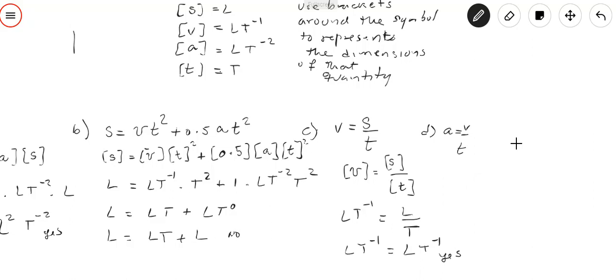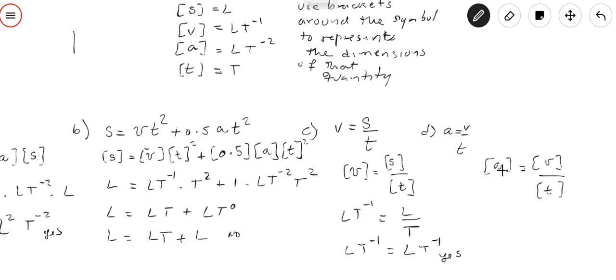Let us see our last case: acceleration equals velocity divided by time. We use the brackets around the symbol to represent the dimensions of the quantity. So I say the symbol of the acceleration in brackets equals the velocity in brackets divided by the time.